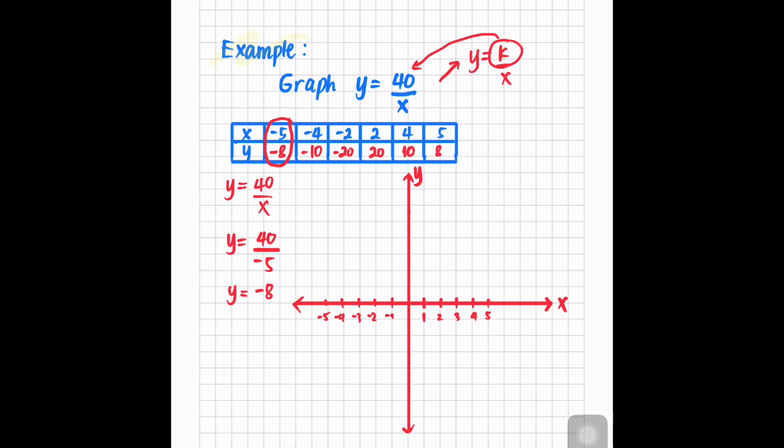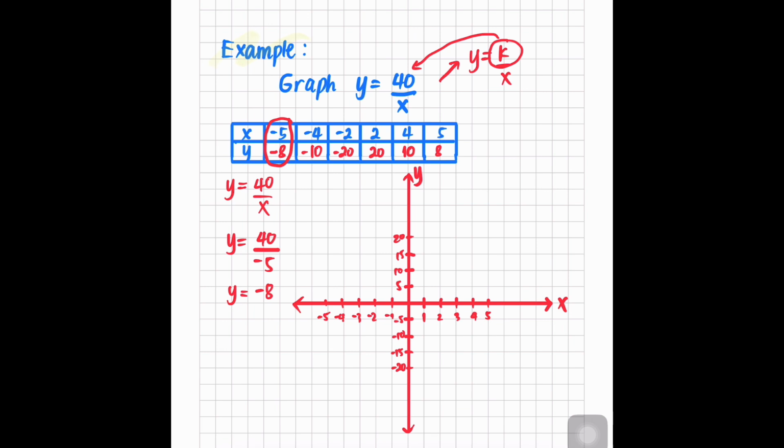So this is 5, 10, 15, 20. Then the same goes for the negative: negative 5, negative 10, negative 15, and negative 20.